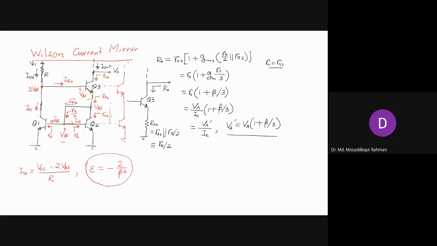So that will be Q4, Q5. This is I out 1, and you get I out 2. Sir, there is no current controlling option other than the cross-sectional area, right? Yeah, yeah. Okay.